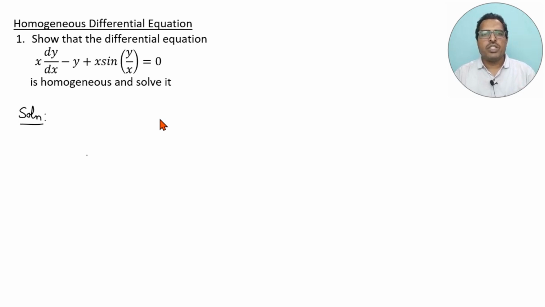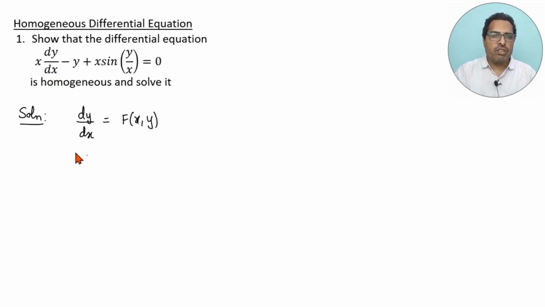For that, let us try to rewrite this given differential equation in the form of dy by dx is equal to f of x comma y. So we need to rewrite this differential equation in the form of dy by dx is equal to f of x comma y. So let us first identify this function f of x comma y from this given differential equation.